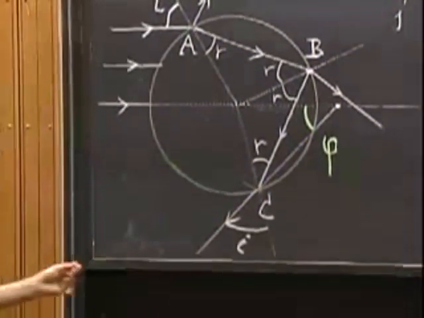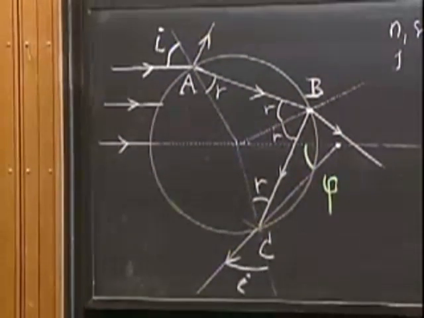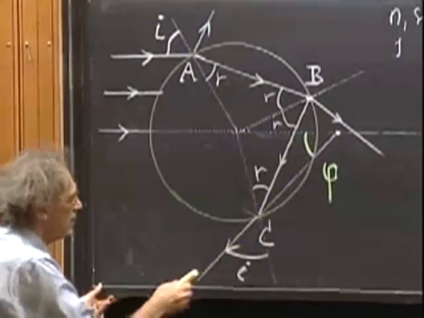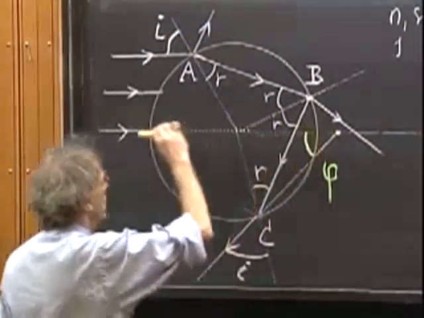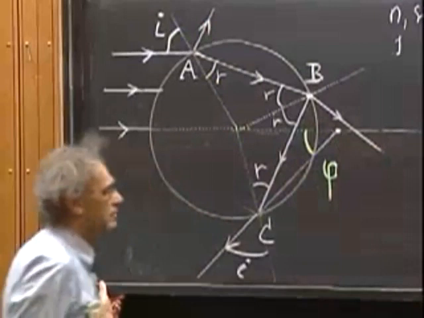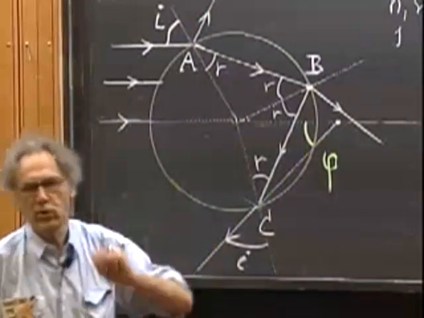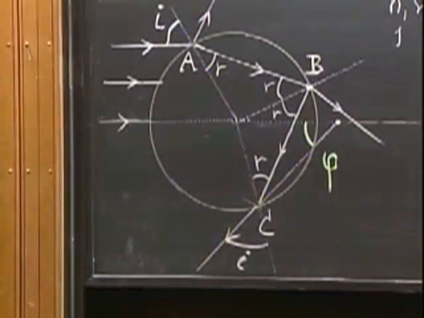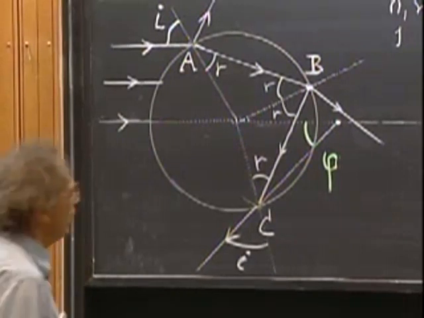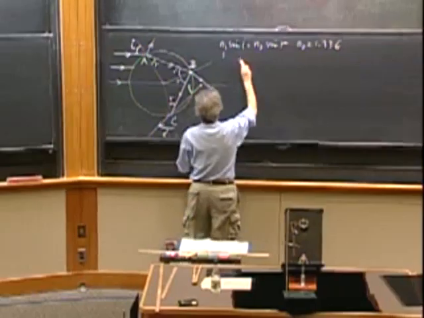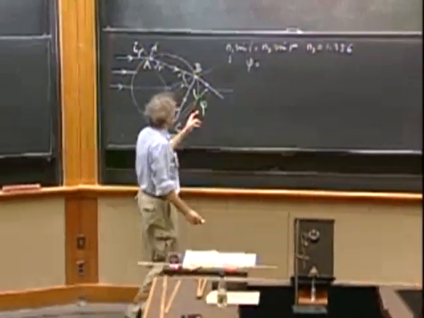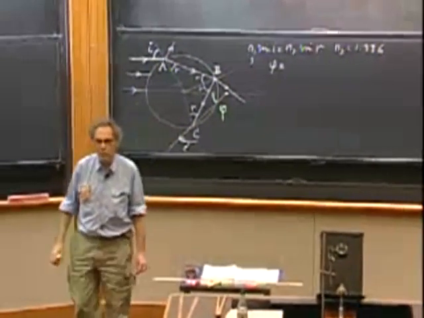I want to know what's coming out. And what you see now is what comes out makes an angle phi with this horizontal line. And this angle phi is going to play an important role in the rainbow. The first thing I asked you in problem 10.4 was to calculate phi in terms of I and R.